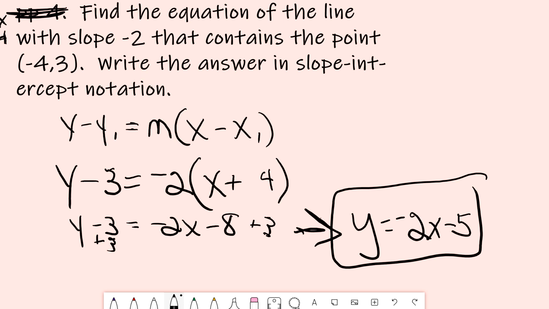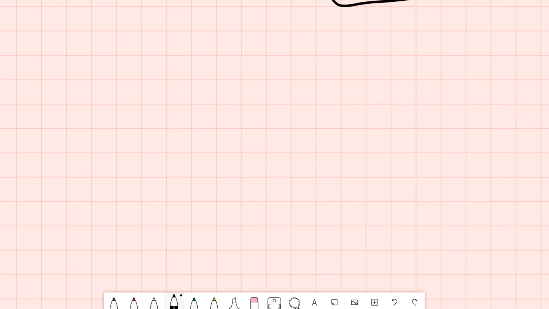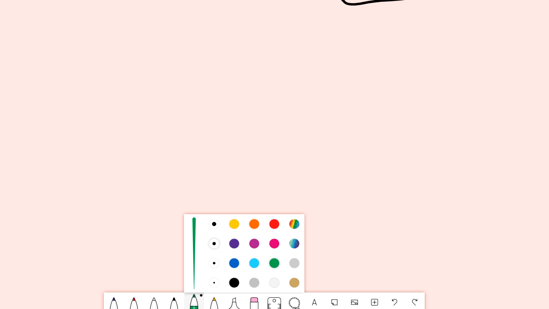Let's move on to our next example of finding the linear function using 2 points, which is probably the hardest. All right, so I'm just going to scroll up some, and this is practice problem 5.